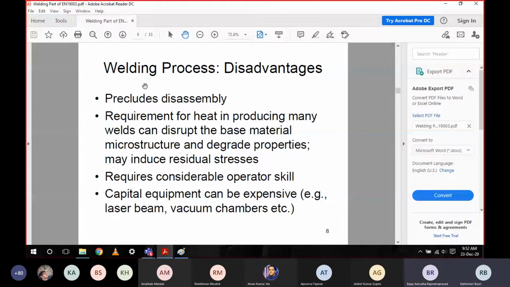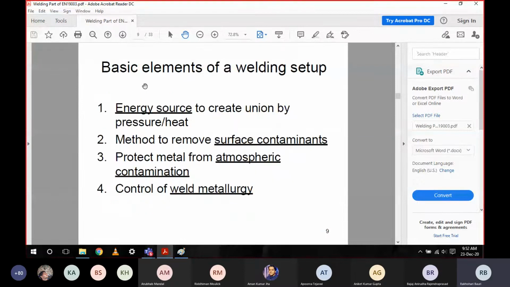Now, what are the basic elements? You need an energy source for the melting process. Before doing welding, you have to make sure that the surface is not contaminated; you have to remove the surface contaminants. The third element is to protect the metal from atmospheric contamination.